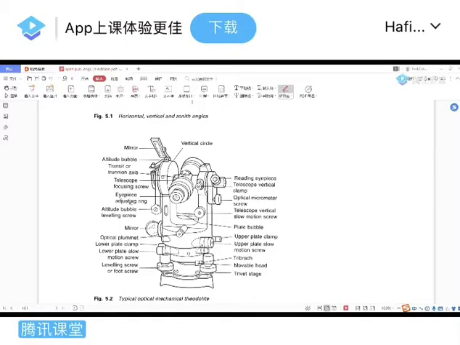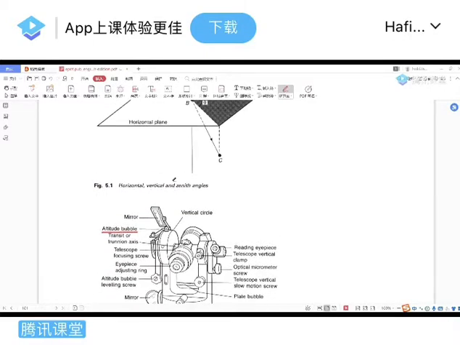You also have a telescope focus screw over here, which you can turn, and you have a bubble. You have to put the bubble in the center to do some adjustment, and you also have a mirror. What is the functionality of the mirror in this one?